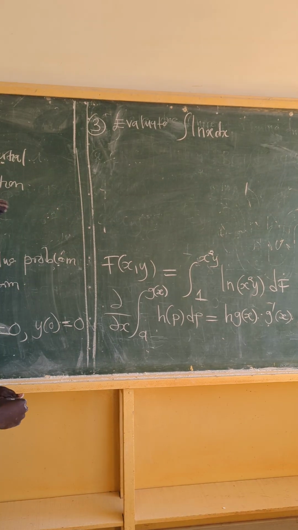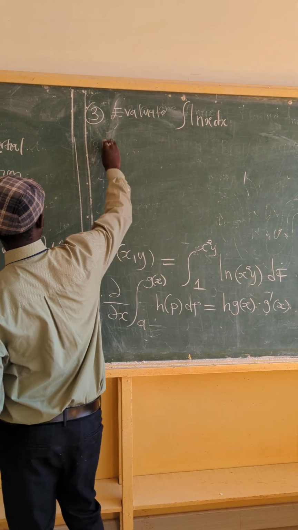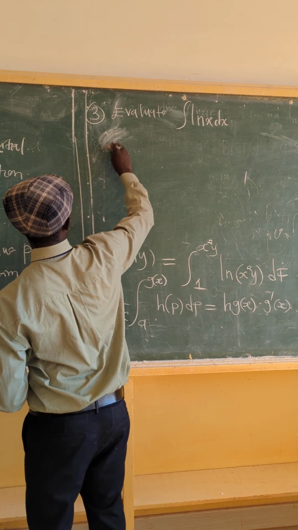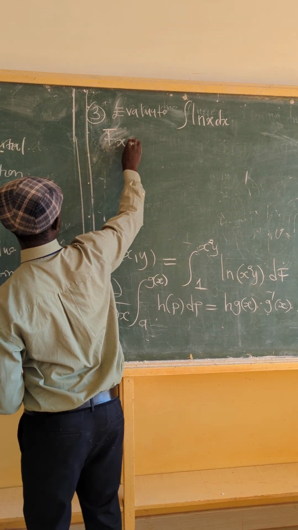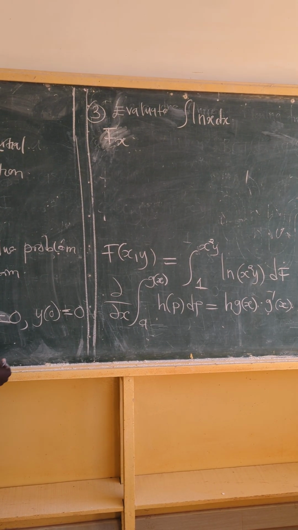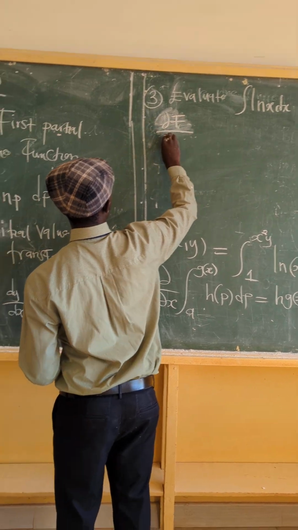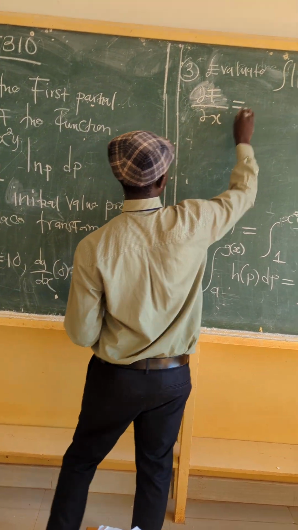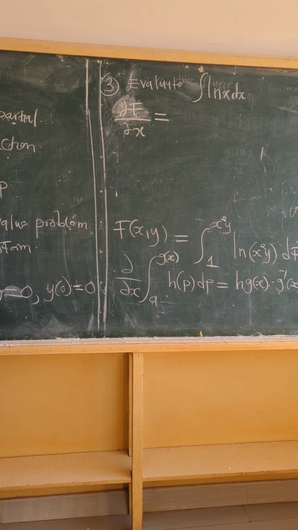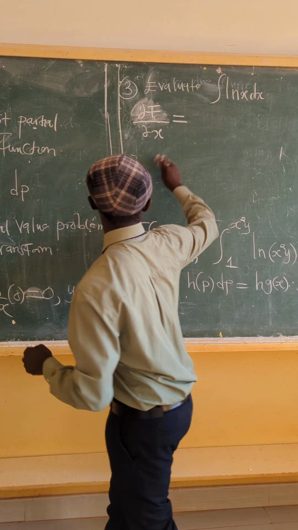So we'll start with df over dx, or f of x, because here we are differentiating with respect to x.